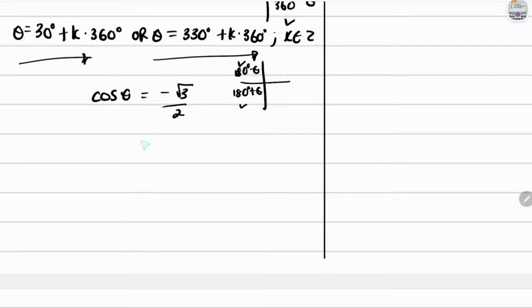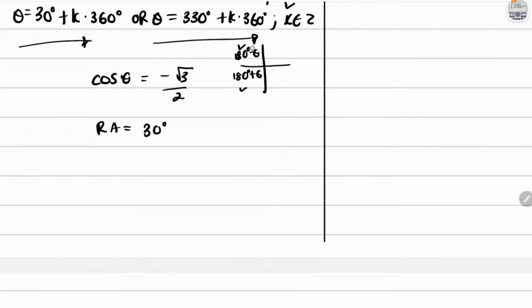Since this is negative, when finding your reference angle, you don't have to find the negative of it. You just consider the absolute value. So that would be shift cos of root 3 over 2, which gives you 30 degrees. And then you would just use those solutions.